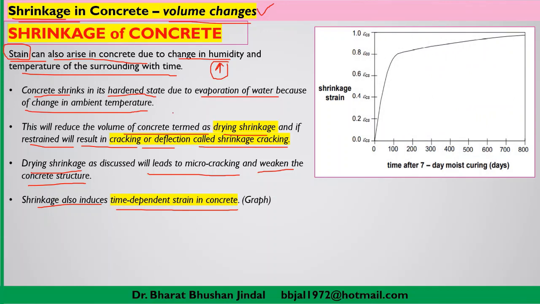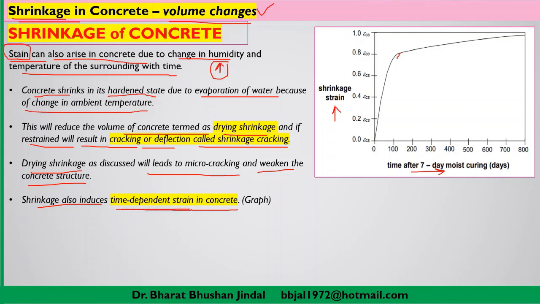Now you can see here along the y-axis it is shrinkage strain, and along the x-axis there is time duration. This time is calculated after 7 days of moist curing. From this graph it is clearly visible that as the time is increasing, shrinkage strain is increasing. So shrinkage also induces time-dependent strain.